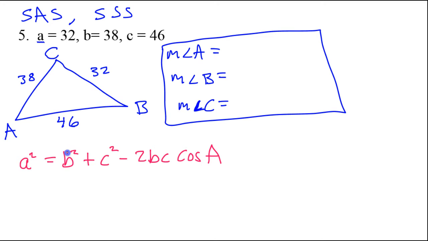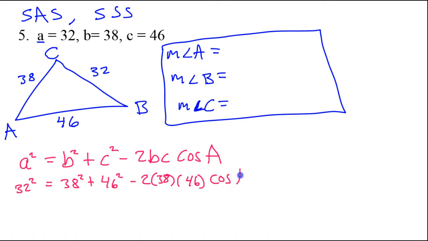So if I substitute these values in, that's going to give me 32 squared is equal to 38 squared plus 46 squared minus 2 times 38 times 46 times the cosine of angle A.